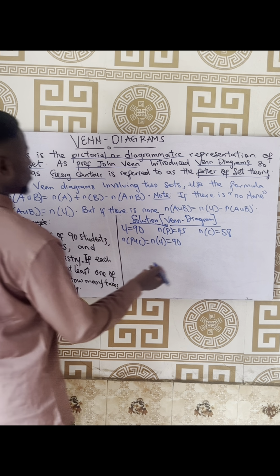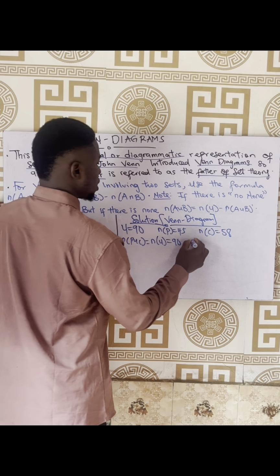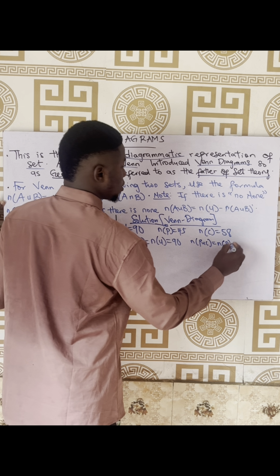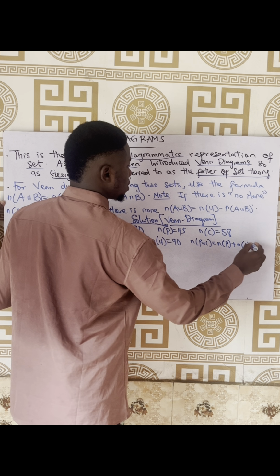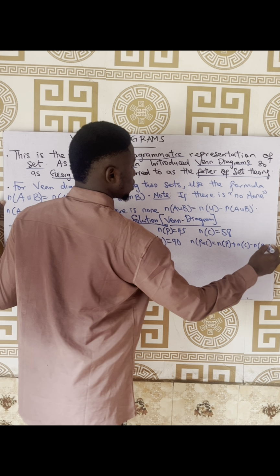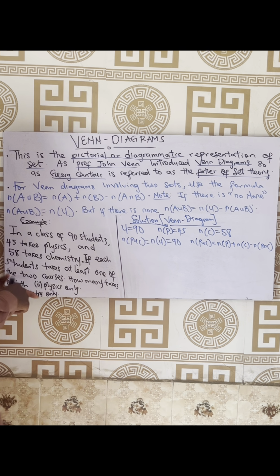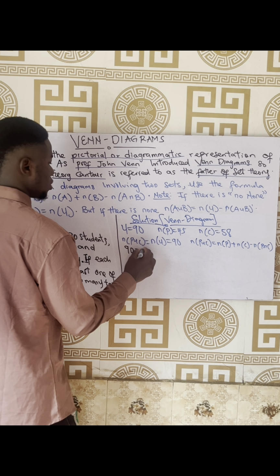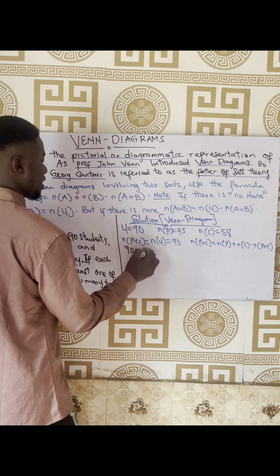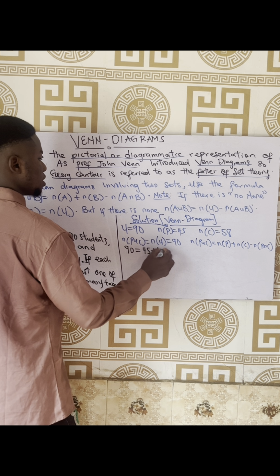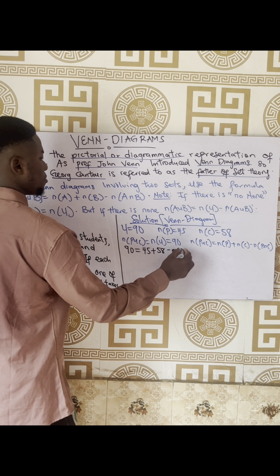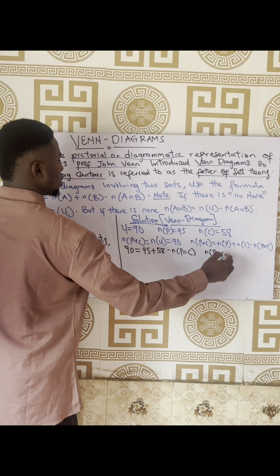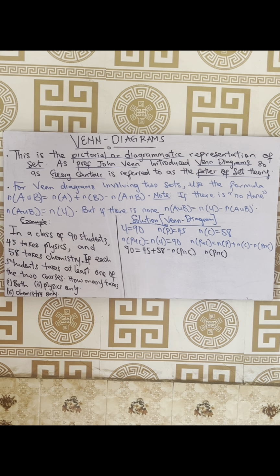So therefore, we use this formula: n of P union C is equal to n of P plus n of C minus n of P intersection C. Since our P union C is 90, that is, 90 is equal to n of P, which is 45, plus 58 minus n of P intersection C. So what is 45 plus 58?